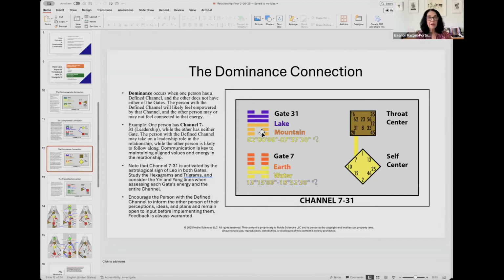So I highly recommend that if you don't know astrology, you get a little bit of knowledge there. I do have two books, Cosmic Secrets and Astrology Essentials, that are teaching the astrology in a way you can use it for human design.